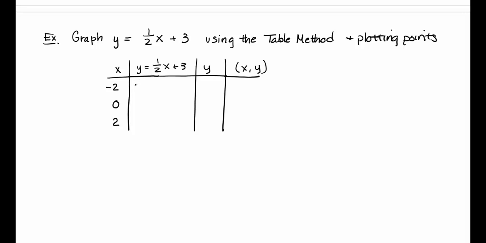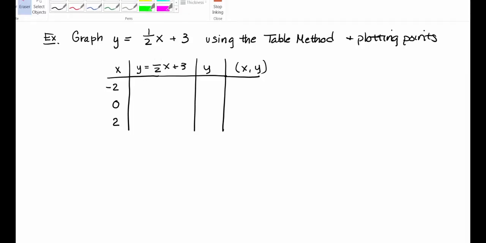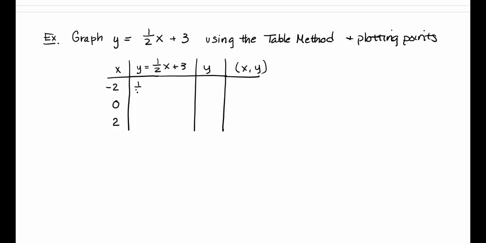Okay, so in this case I have +1/2 times -2 plus 3. So 1/2 times -2 is -1. So -1 plus 3 gives me 2. So my point is -2, 2.